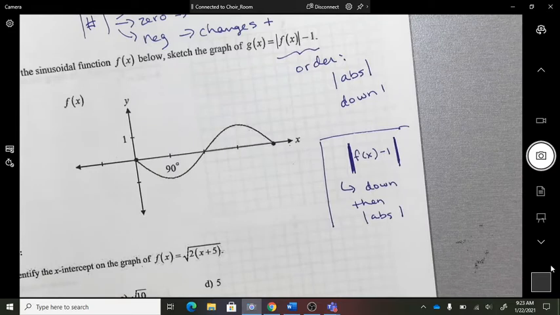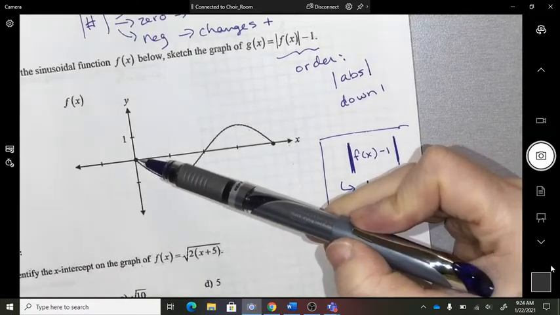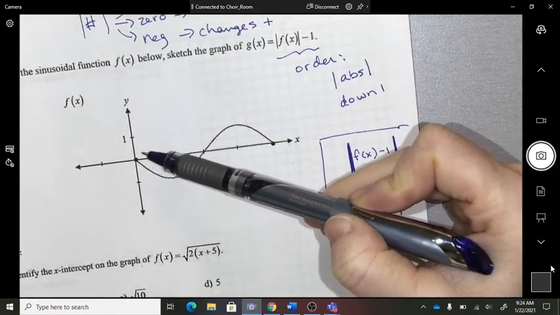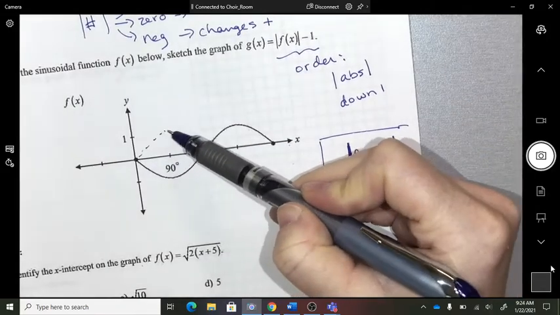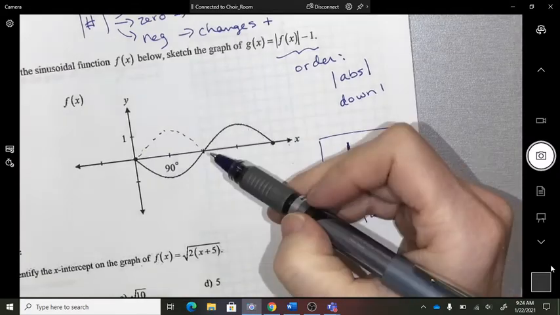Okay, so if you're a person that likes point to point to point, that is fine, but I'm going to suggest let's just kind of draw this. So I'm going to lightly draw with my pencil an absolute, and then after we'll draw it down. So if this is an absolute, then this portion of the graph would reflect, right? That negative would then be reflected upward.